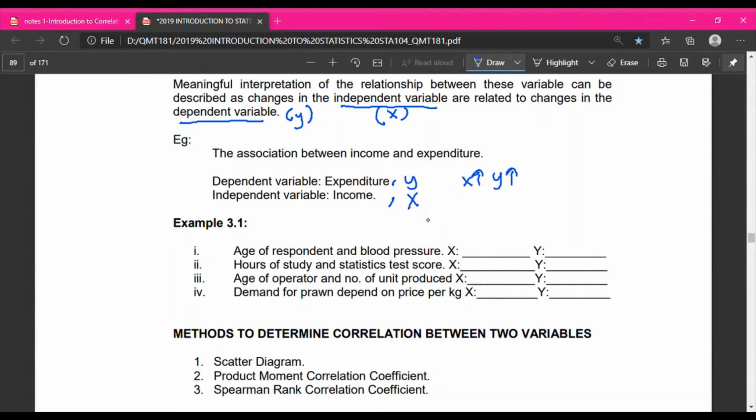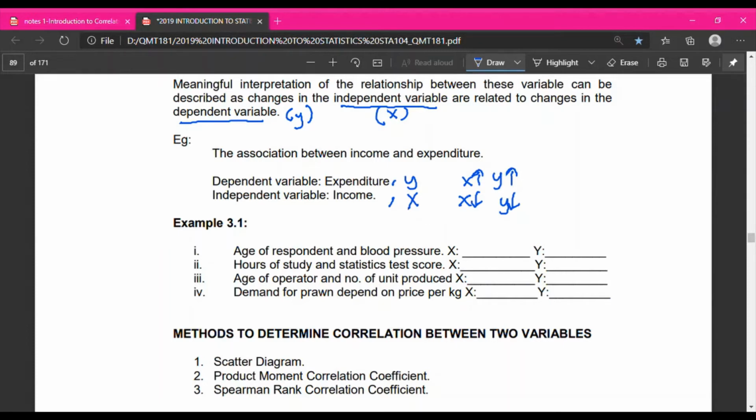Bila income meningkat, expenditure pun will be increase. When income decrease, expenditure will be decrease. Okay, in this case, contoh ni. So maksudnya kat sini, the changes in y related to the changes in x. Bila x berubah, y also berubah. So because of that, we can say that these two variable ada relationship.